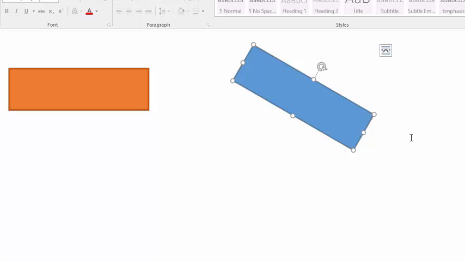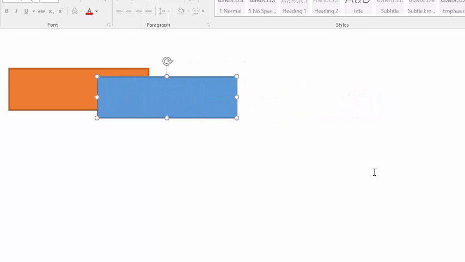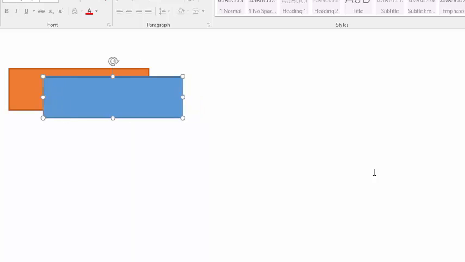And now it's still skewed off to the side. So what I'm going to do is rotate it and make it flat like the orange rectangle. And they look about the same now. But I need to move it over to the left. And now I'm almost there. And they're about parallel with each other.